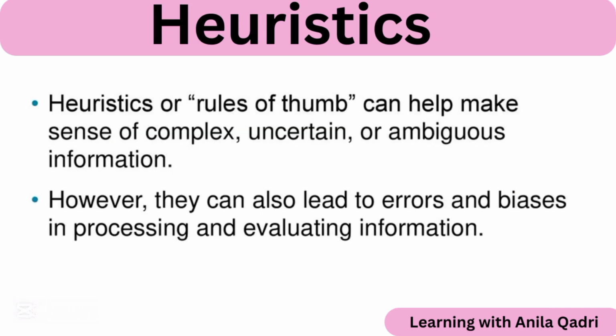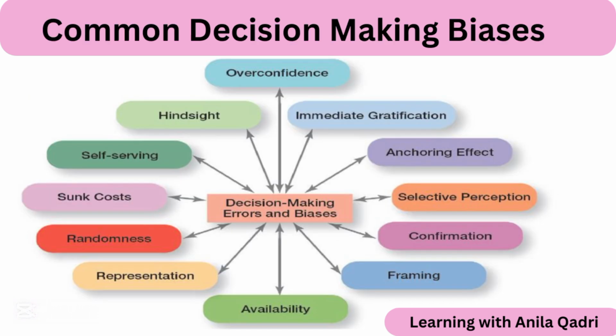What is heuristics? Heuristics, or rules of thumb, can help make sense of complex, uncertain, or ambiguous information. However, they can also lead to errors and biases in processing and evaluating information. Common decision-making biases. Number 1, overconfidence.